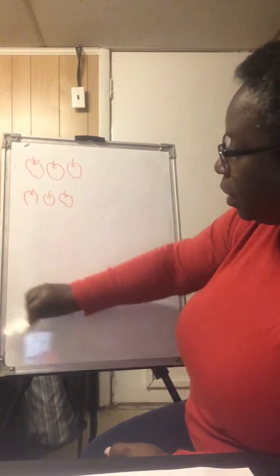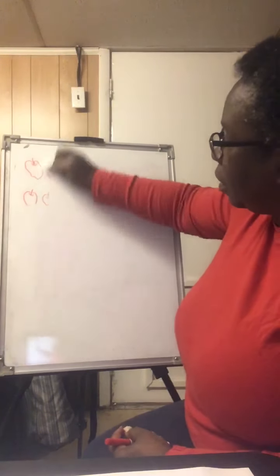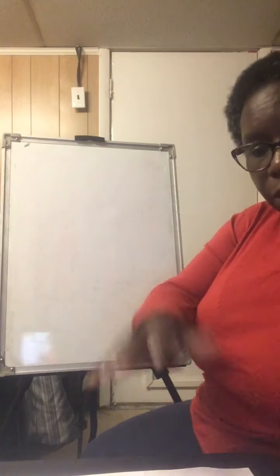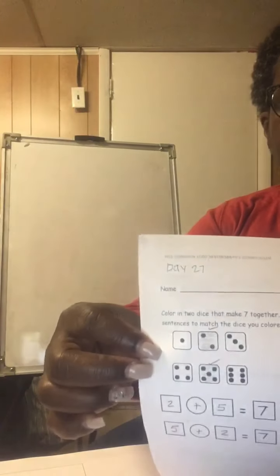Okay, let's get rid of that. On your second page of your math sheet, so your first page, you're working with your apples, okay? Remember, you're working with your apples. The second page, you're working with your dominoes, okay?